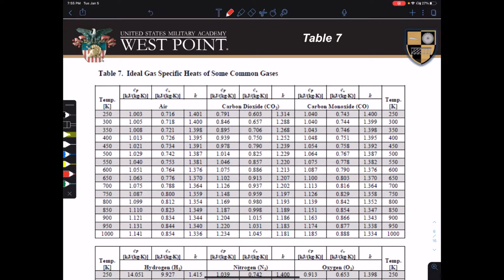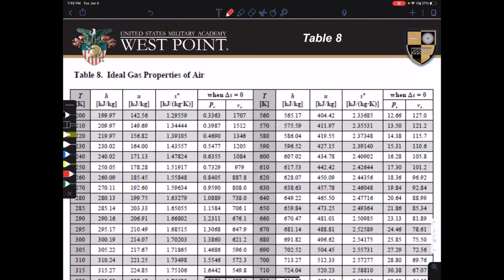Here we have table 7. So this is going to be values of ideal gases other than air. This is where you're going to come to get your specific heats. Table 8 will be all your properties and values for your ideal gas of air at different temperatures.